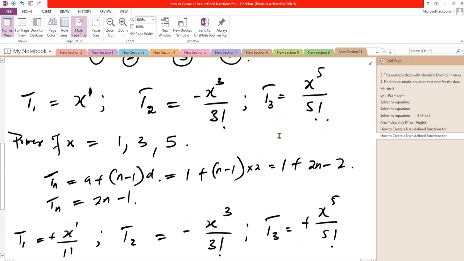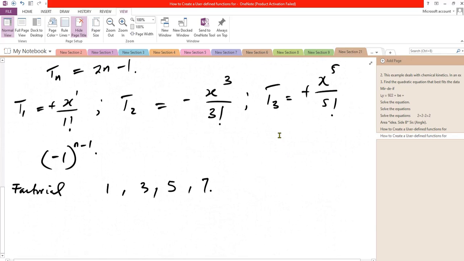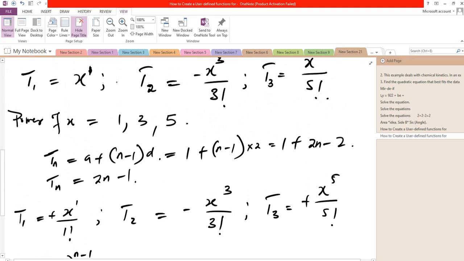If we look at it critically again, you also noticed it's just the same thing with the powers.